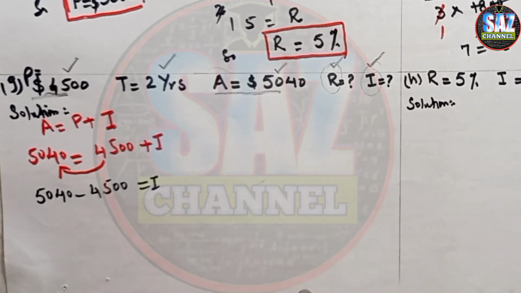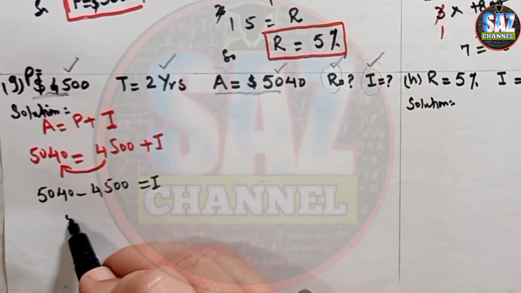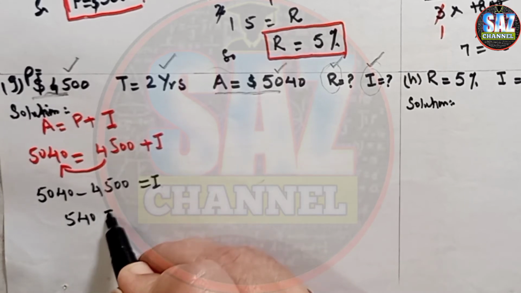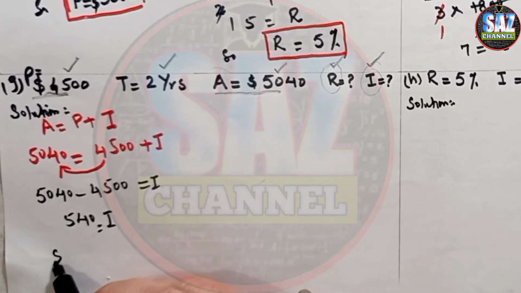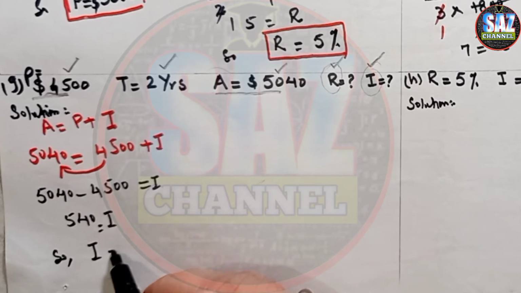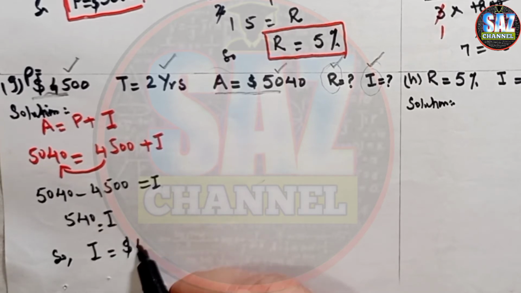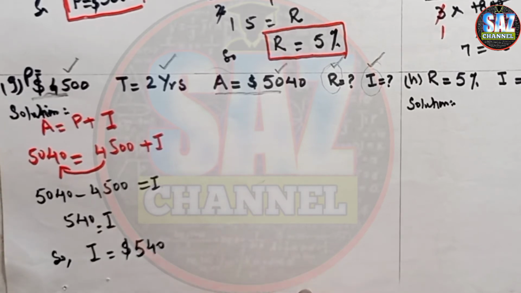Taking away 4500 from 5040 gives me 540. So I equals $540. I hope you are clear about the calculation of simple interest.